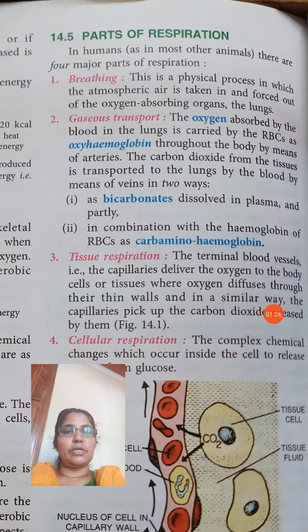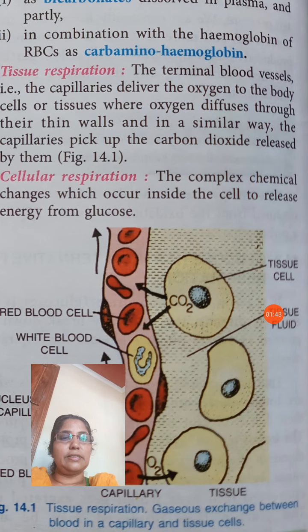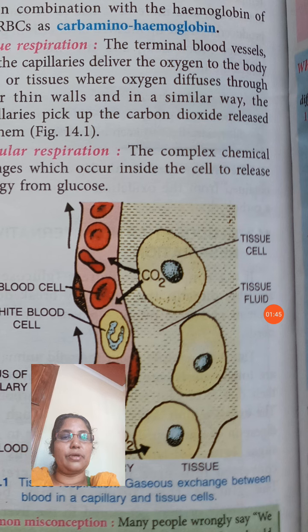Then the tissue respiration. Here you can see the tissue cells and the tissue fluid surrounding the cell. We can see some fluid, that is the fluid part of the blood that is oozing out from the blood capillaries and surrounding the cell, that is the tissue fluid.